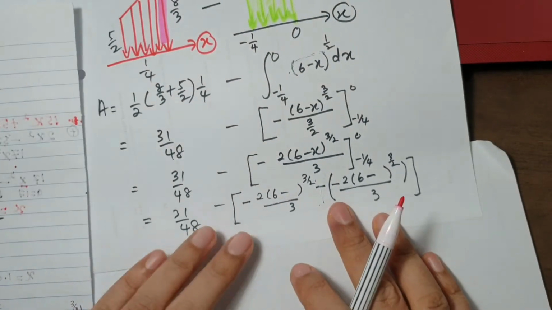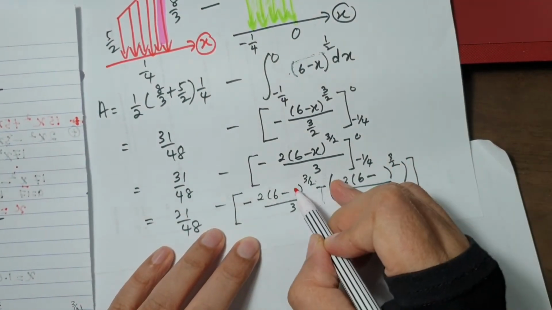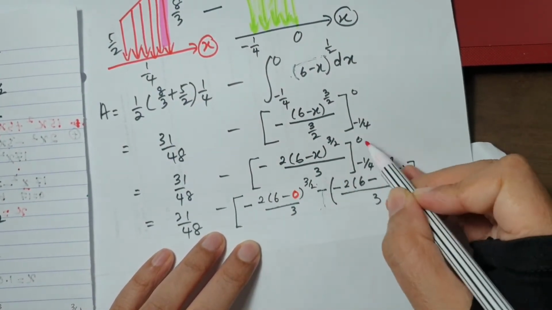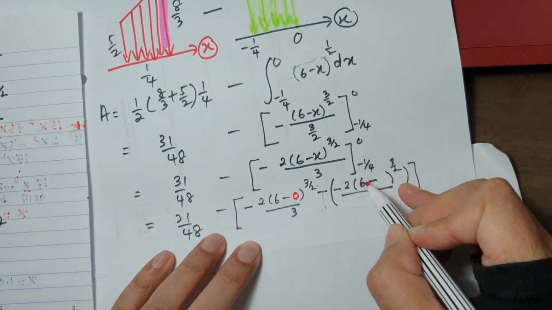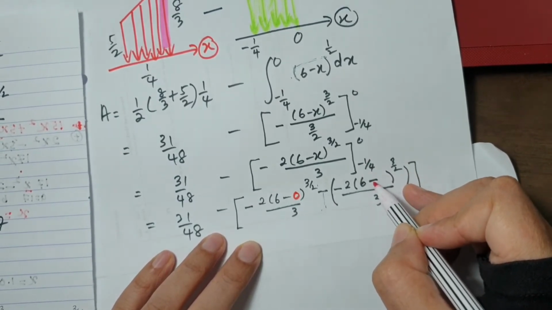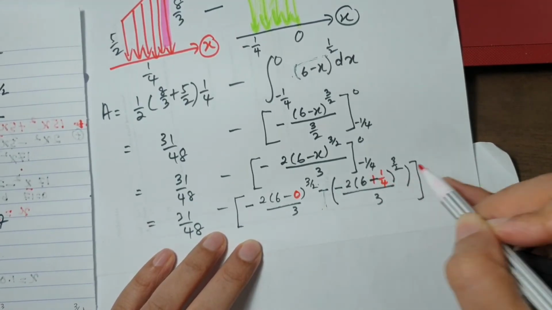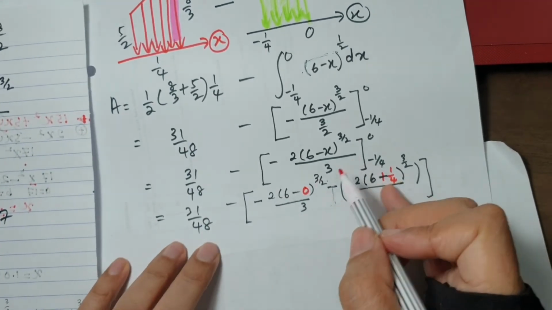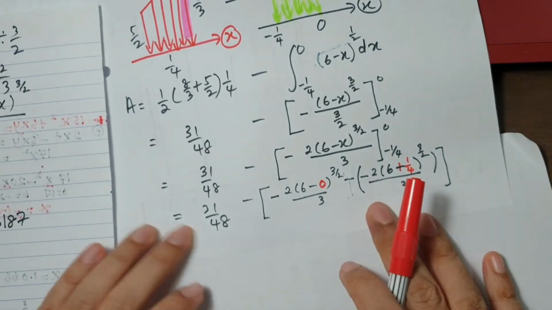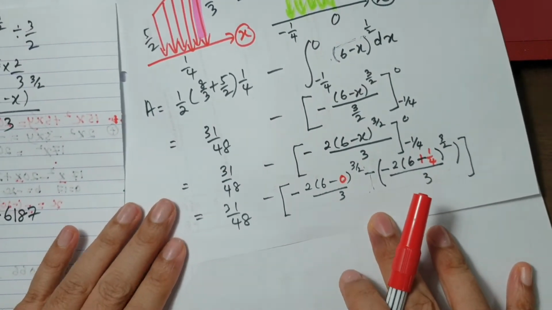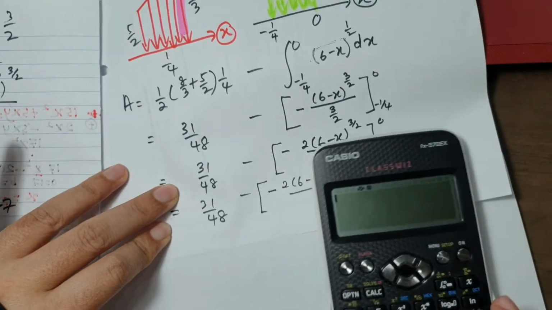Okay, masuk dulu 0. 6 minus 0. Masuk negative 1 over 4. Kat sini negative 6 minus dengan negative 1 over 4, dia jadi 6 plus. Okay, dah selesai ni, tekan masuk calculator. Okay, masuk calculator.